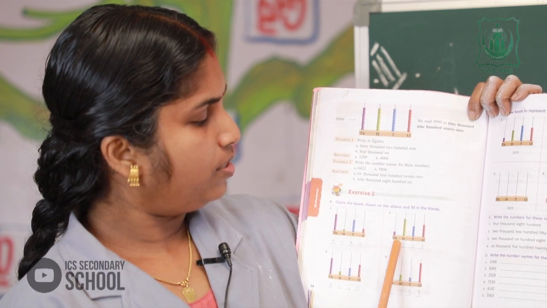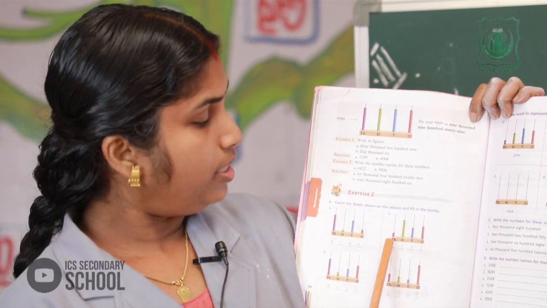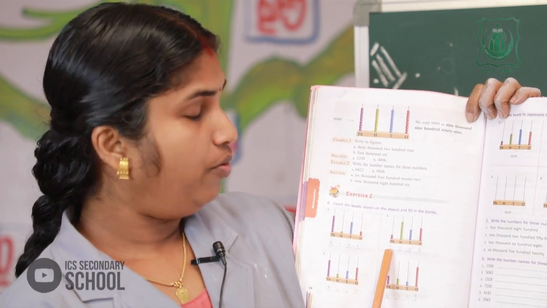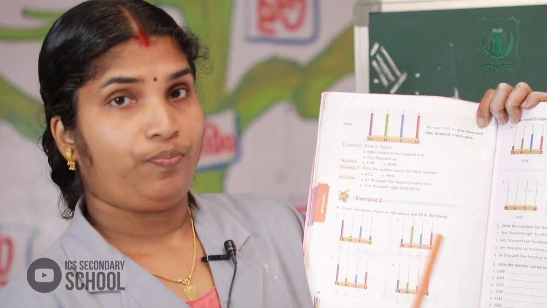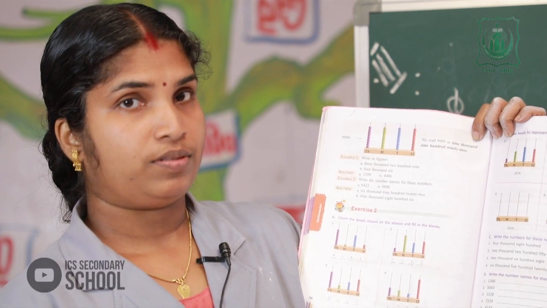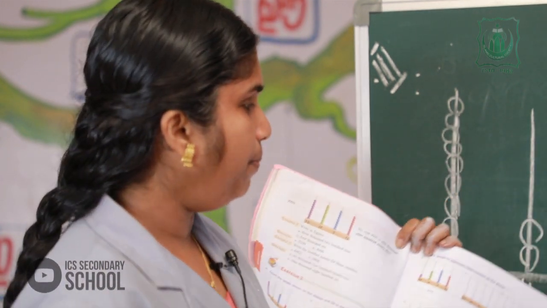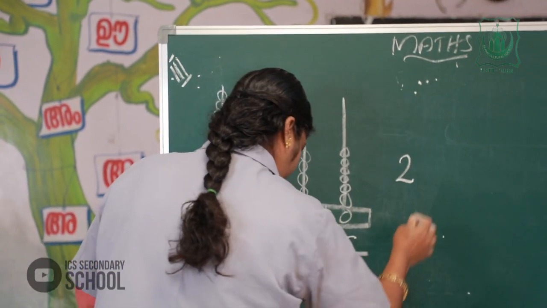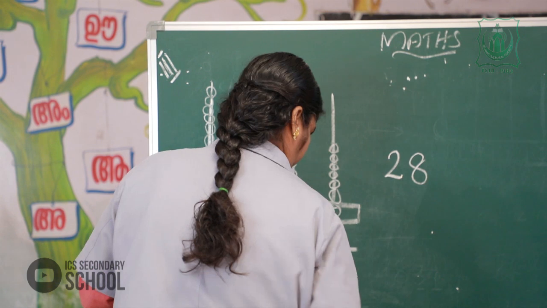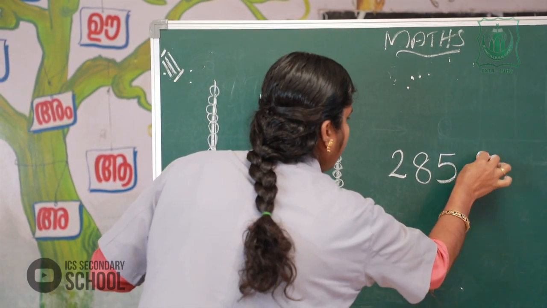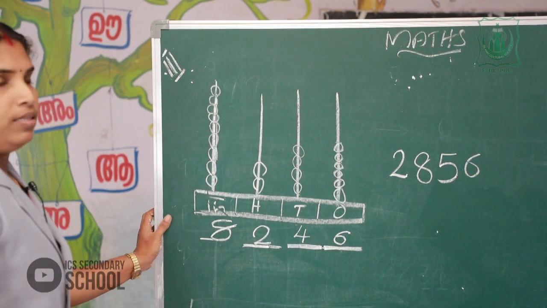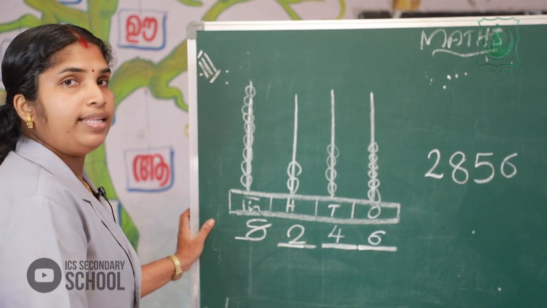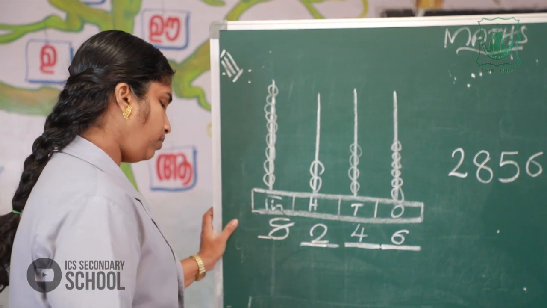Next 1000 place, we add 2 pink color beads. So we write here 2. Okay, we get the number 2856.